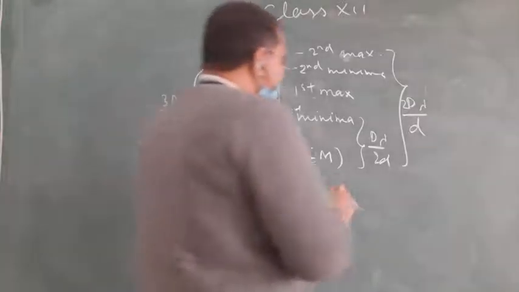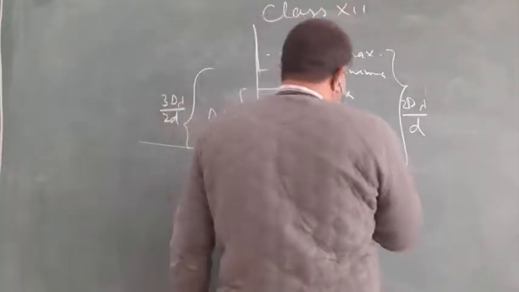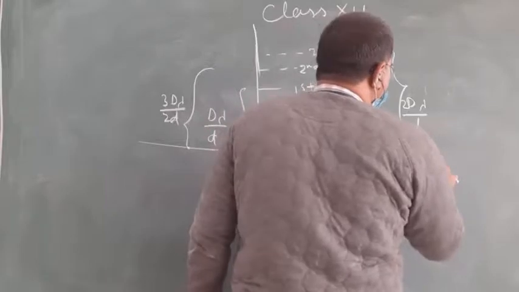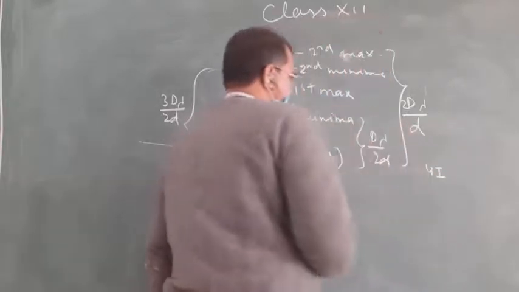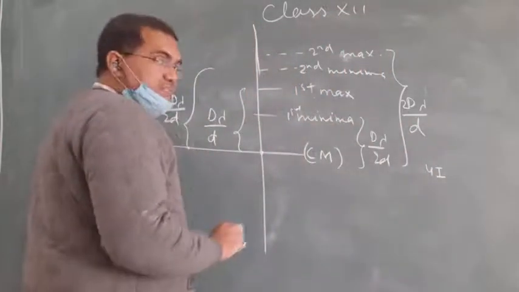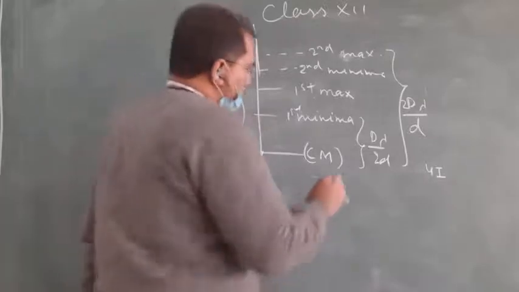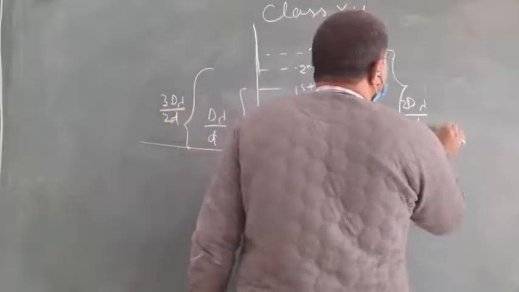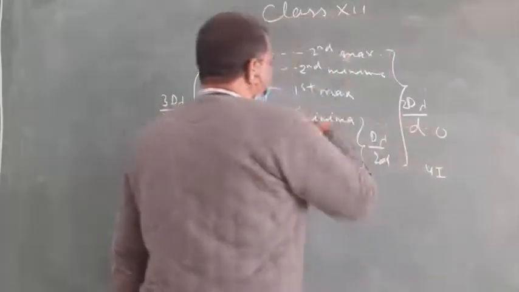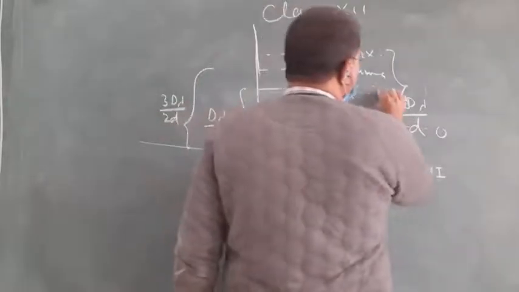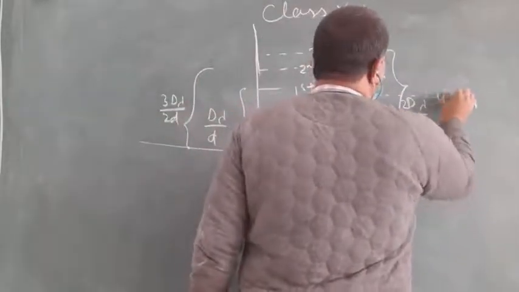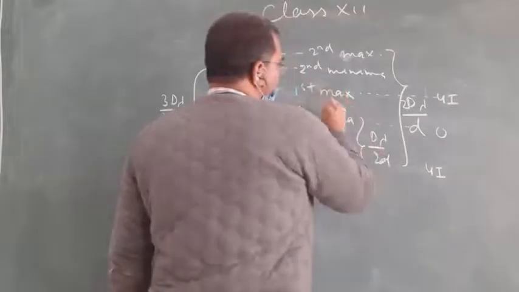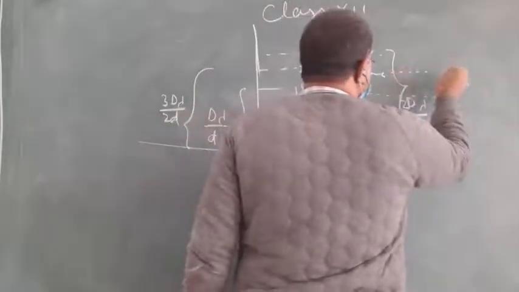So the central maximum intensity is 4I. First minimum intensity is 0. Then first maxima, again maximum intensity, 4I. Then second minimum, minimum intensity 0.